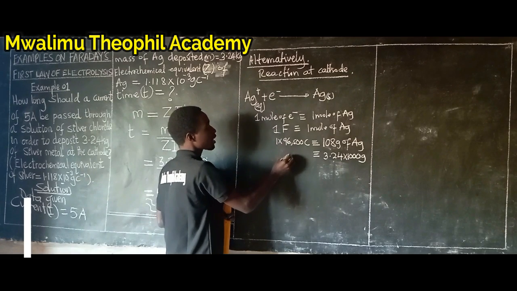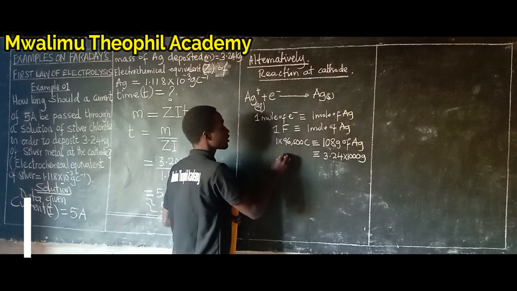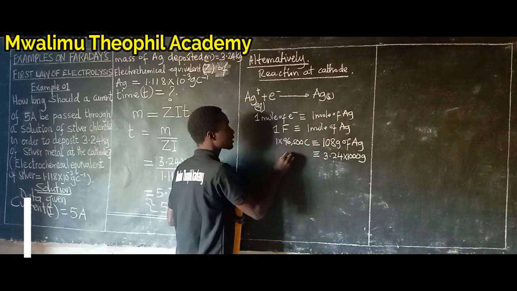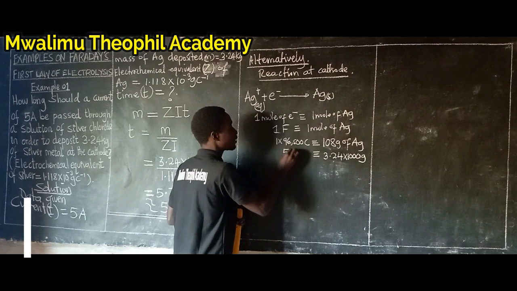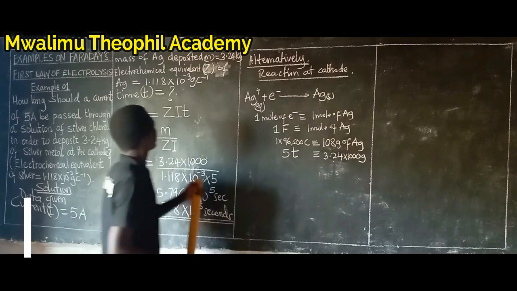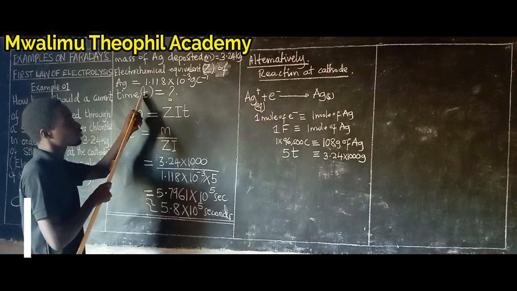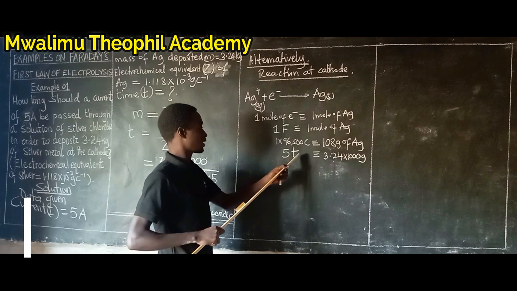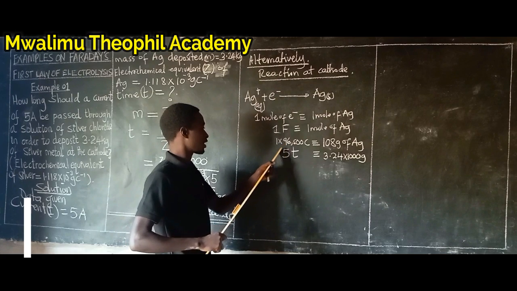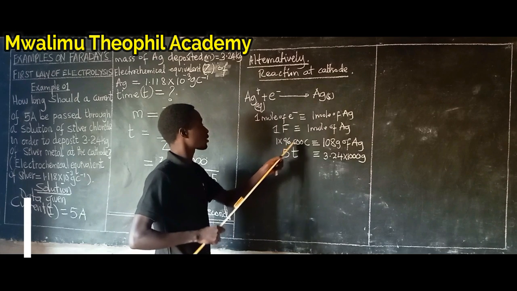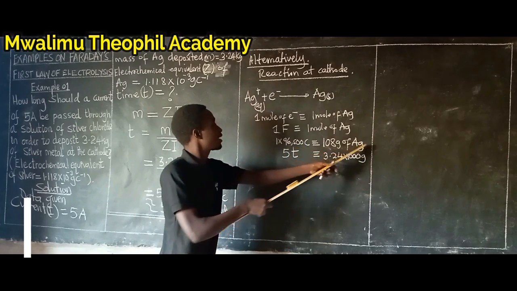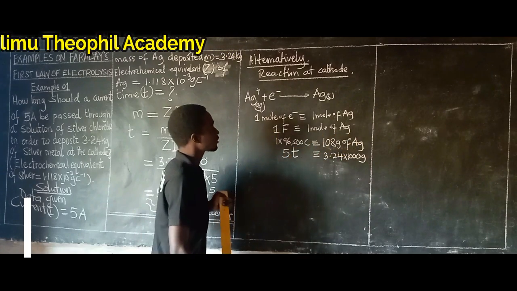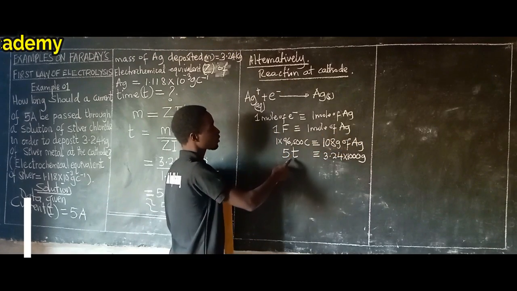To get the coulombs from the question, we are going to take current times time. It will be 5 times t, as t is to be calculated. T is not known. So when you take the 5 ampere we are given times the time taken, we are going to get the charge in terms of coulombs, which will match with this one from the standard balanced equation. Now, what is required? We are looking for t.